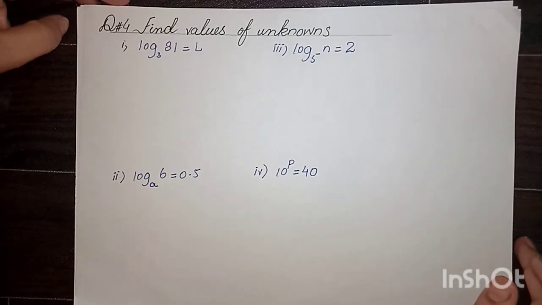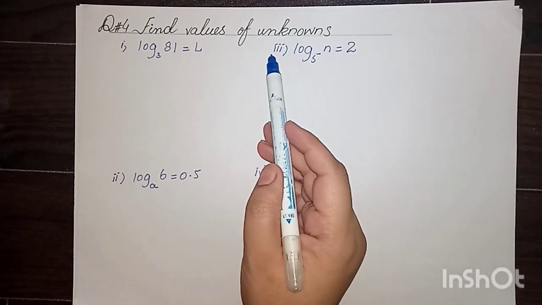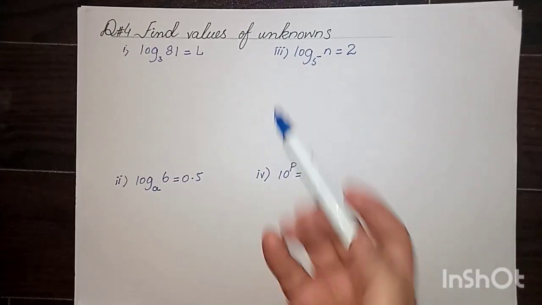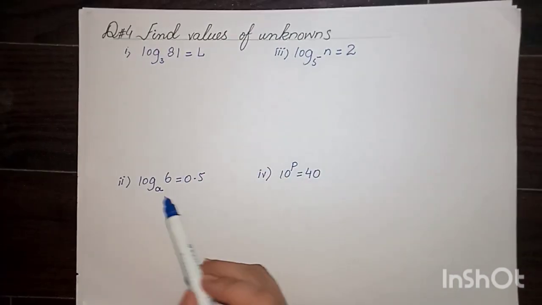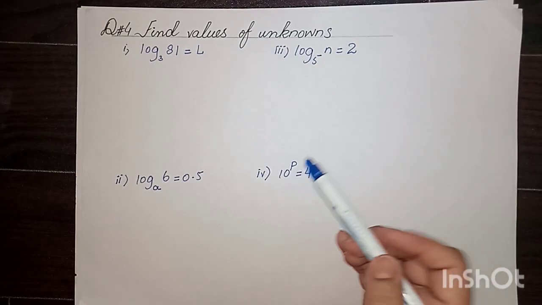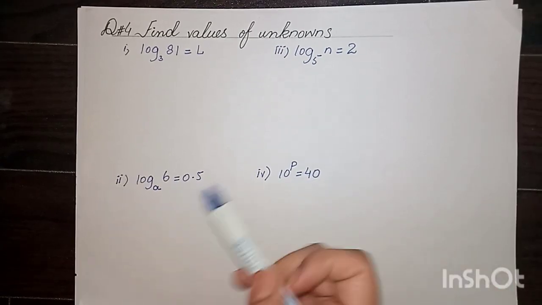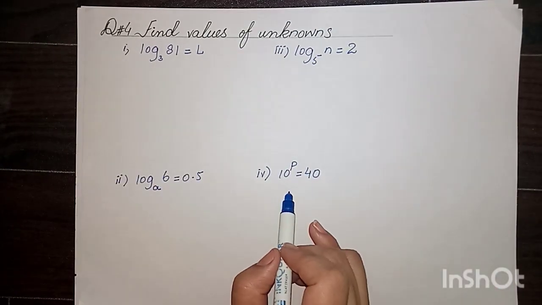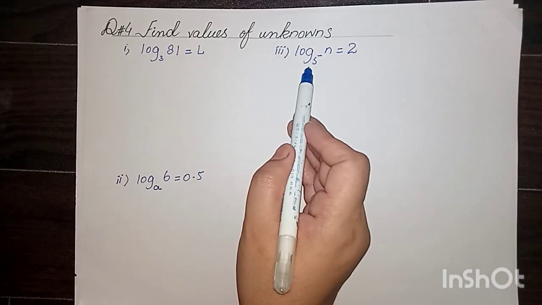In question number 4, it says find the values of the unknowns. Unknowns mean the variables. In each and every question there is a variable, like this L, here is A, this is N and P. So we will find the values of L, A, N and P. All these are logarithms of a real number because their base is a real number.